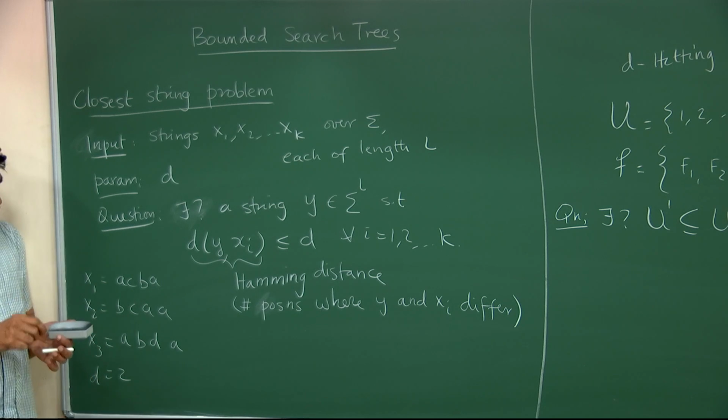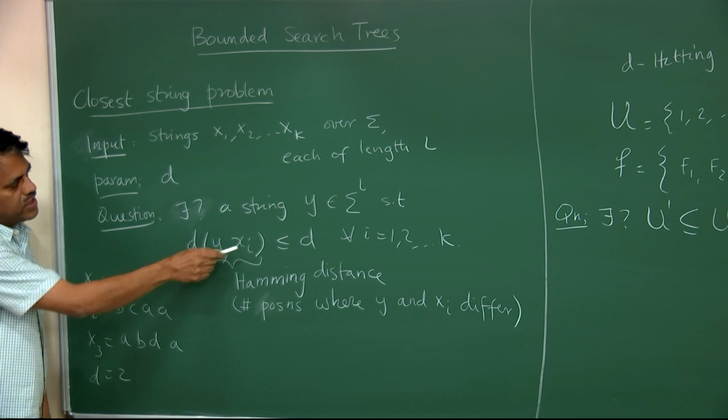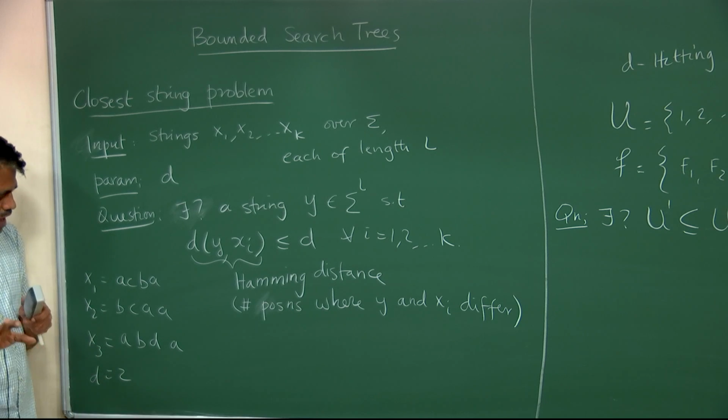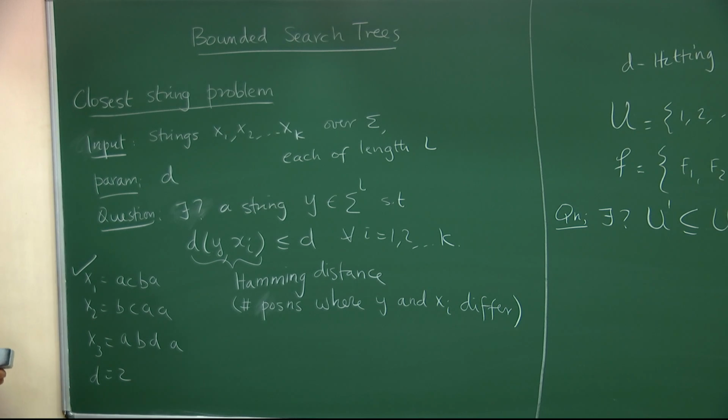Hamming distance is the number of positions where this string and that string differ. I want the Hamming distance to be at most d. So, is there such a string for this? Oh, this one itself will work. ACBA: its distance to x1 is 0, its distance to x2 is 1 and 2, and distance to x3 is these two. Okay, good.